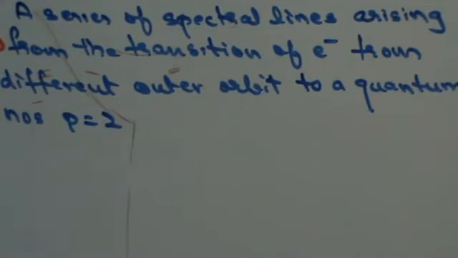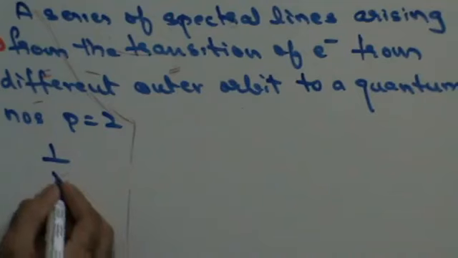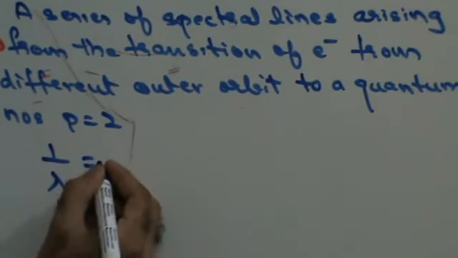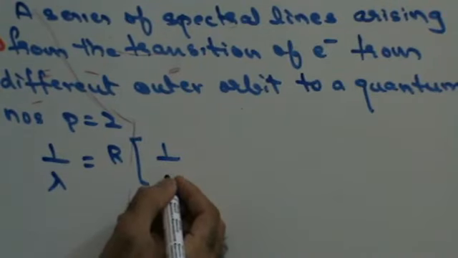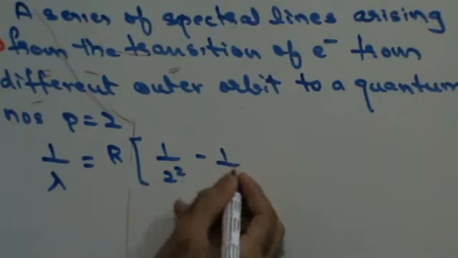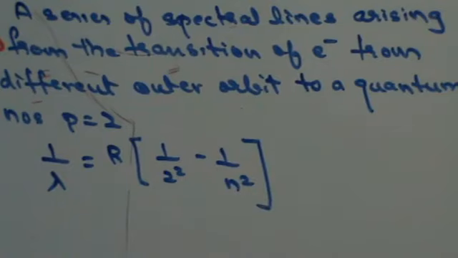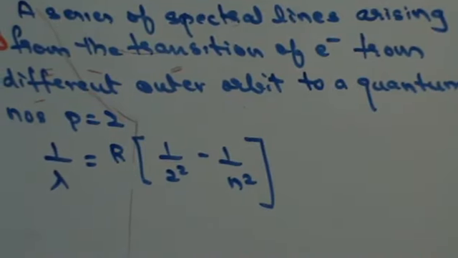Right? So in that case, what will be my wavelength? Then my formula will be 1 upon lambda is R times (1 upon 2 square minus 1 upon n square), where p is equal to 2. So what you have to remember is that for the Balmer series, the value of p is going to be 2. The electron is going to jump from different outer orbits to a fixed inner orbit where the principal quantum number is p equal to 2.